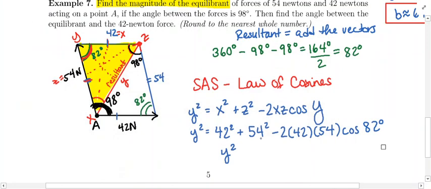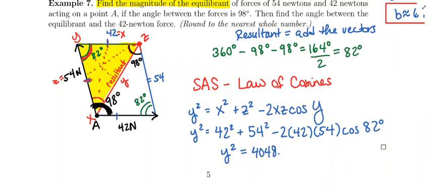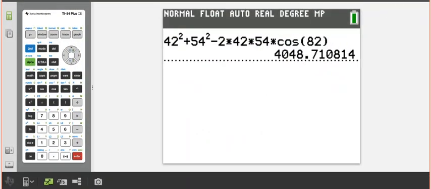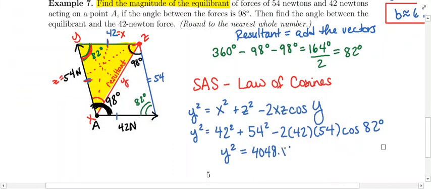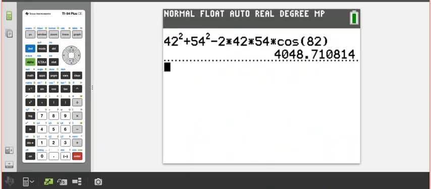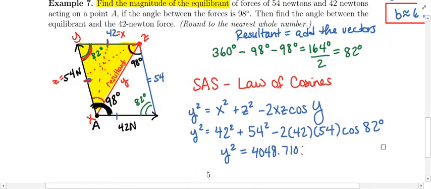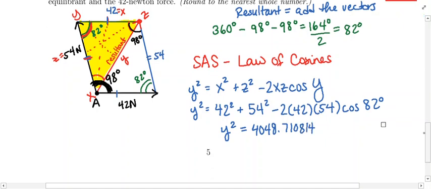This is going to be 4,048.710814. We want the value of y, so we're going to have to take the square root.